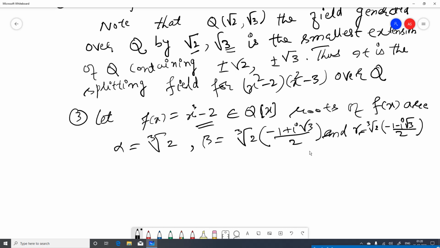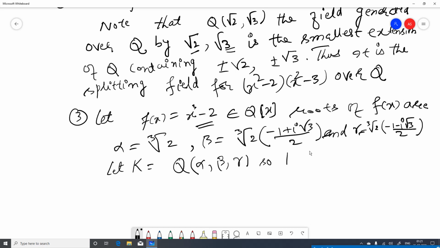Again, I would apply a similar trick as we did in the previous example. So let K equal the field generated by alpha, beta, gamma. So it is the smallest extension of Q containing alpha, beta and gamma. So it would be the splitting field.